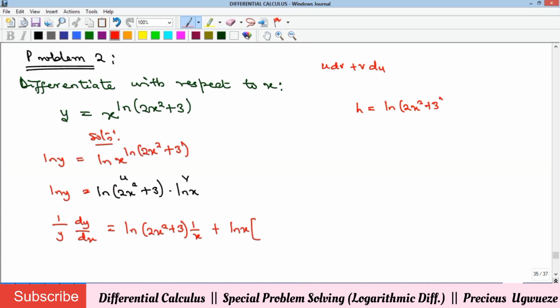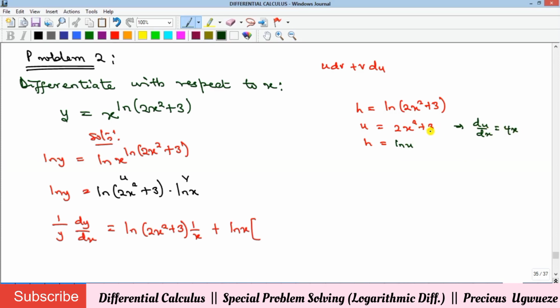Why am I doing this? Because this is a function of a function, and so if we call what we have inside, 2x squared plus 3, our u, it means that our h will now become the ln of u, and if you differentiate this, du with respect to x will be equal to 4x.